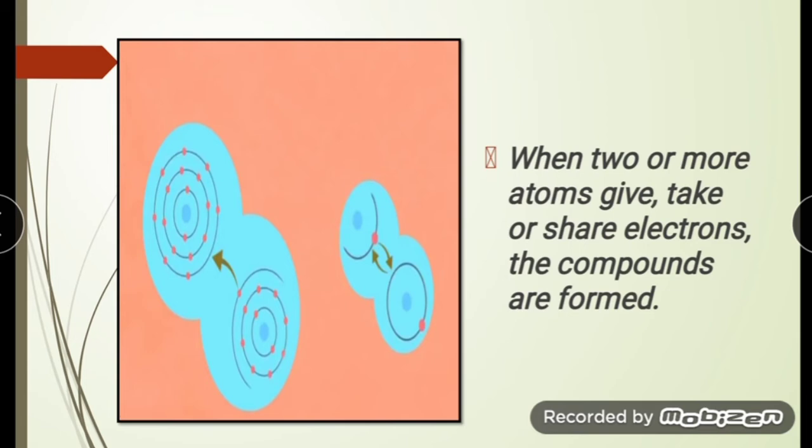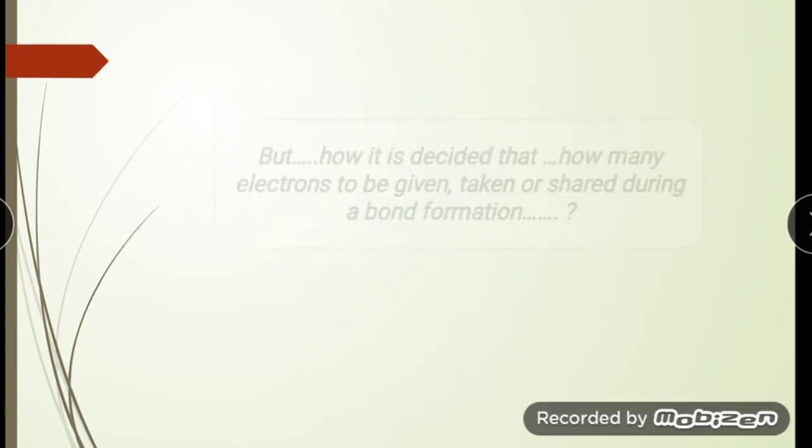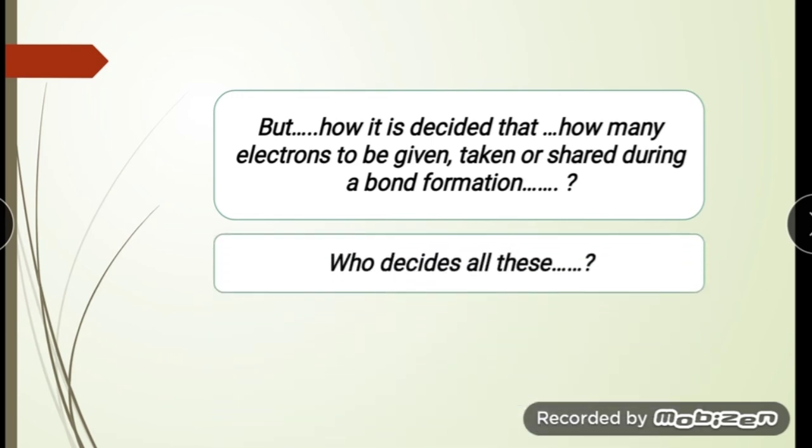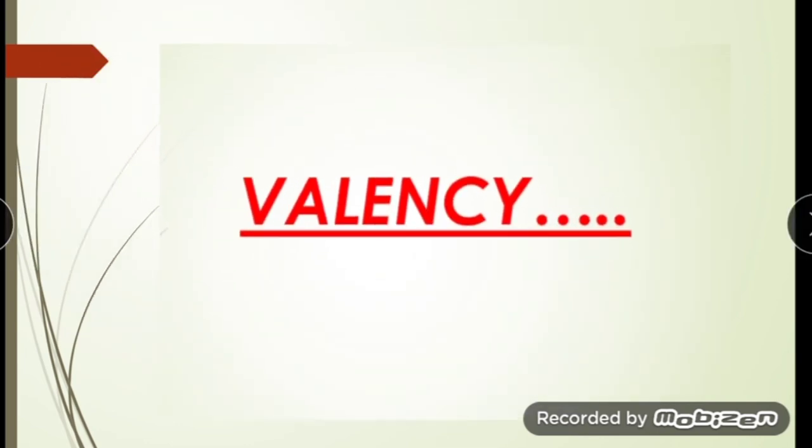So you can see here, when 2 or more atoms give, share or take electrons, they form a bond. That means a compound is formed. But how is it decided how many electrons are to be given, taken or shared during bond formation? Who decides all these things? Well, the answer to this question is valency.